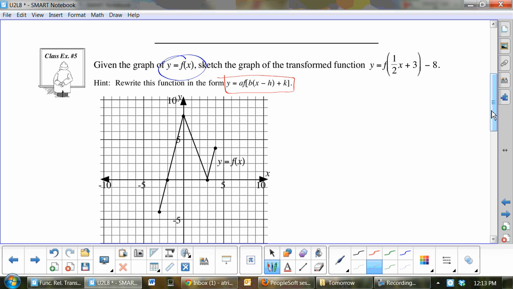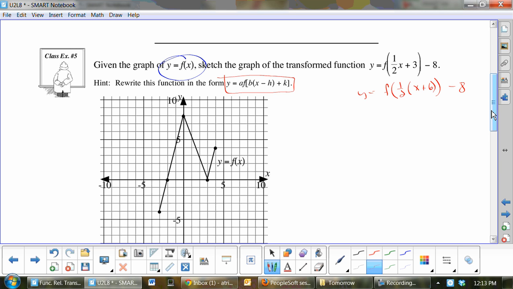So this is y equals f. Now, do you see how there's no brackets in there? The horizontal translation must always be in brackets. So that would be 1/2 x plus 6 minus 8.